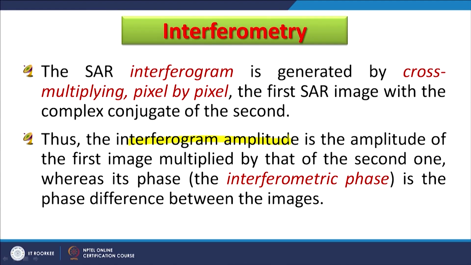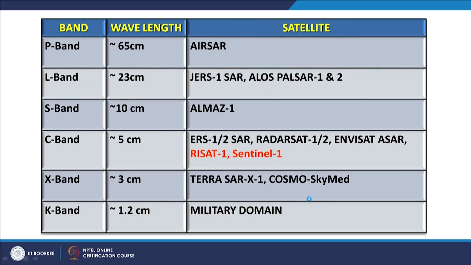The interferogram amplitude is the amplitude of the first image multiplied by that of the second one, whereas its phase, the interferometric phase, is the phase difference between the images. This phase difference is basically exploited in case of ground deformations, whereas this amplitude is exploited in case of digital elevation models. This we will see further.